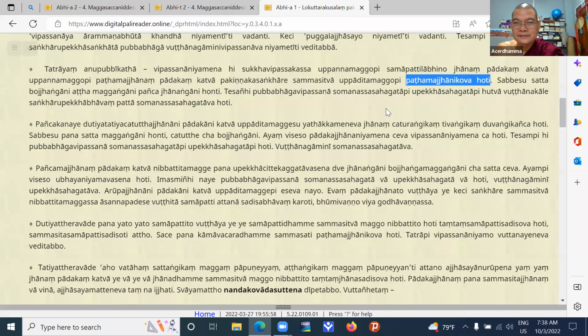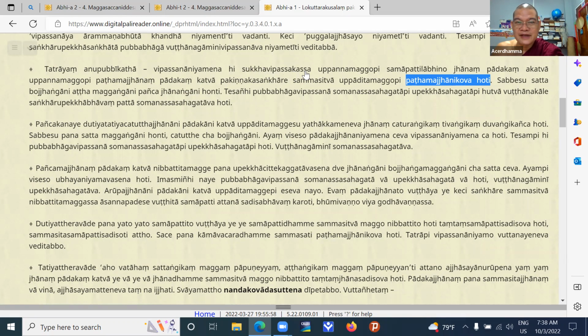So here in the Vibhaṅgapāḷi, we connect with the saccavibhaṅgo, upanamago, and the second person and the third person, right? So all these magga must be the first jhana magga.